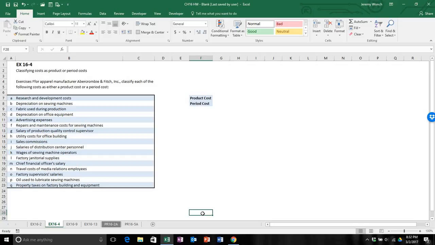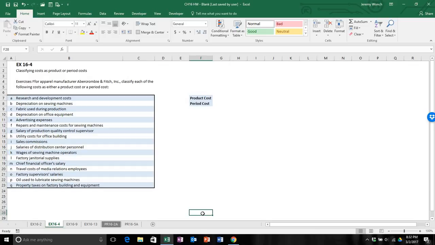What 16-4 asks is that we identify and classify objects in cost as either a product cost or a period cost. The difference there is a product cost is something that's a part of the manufacturing process, a manufacturing cost.